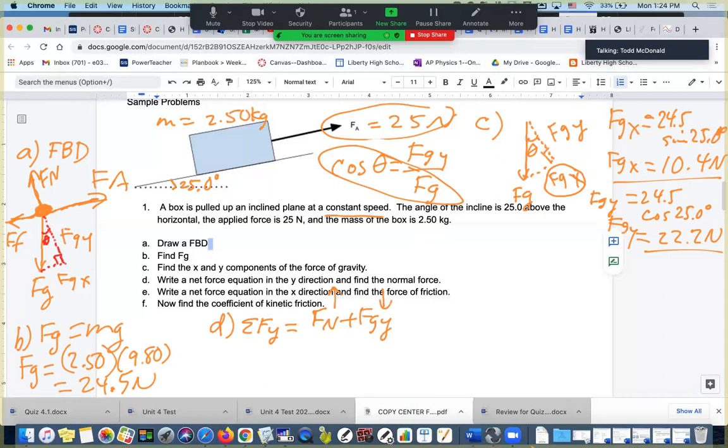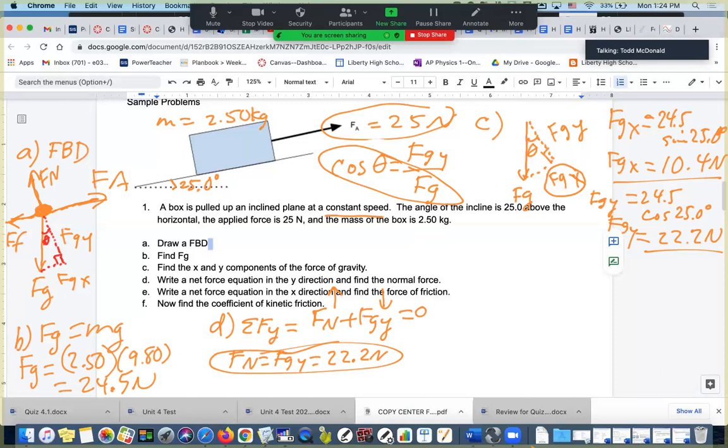One's up, one's down, and when those add together we get 0. How do we know that? Because it's not accelerating up or down. So Fn is equal to Fgy, and I already know that number: 22.2 newtons. That is what my normal force should be.